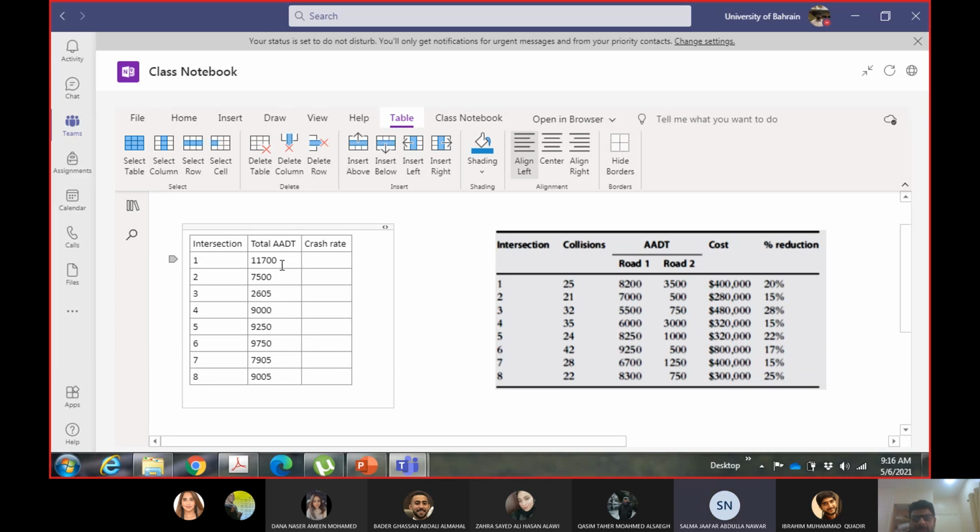Doctor, the total for number 3 is 6,250, and for number 7 it's 7,950, and for the last one is 9,000. Hold on. Number 3 is 2,600 and 6,250.